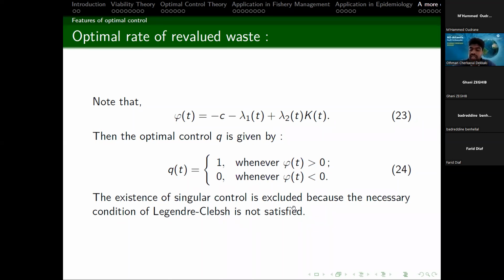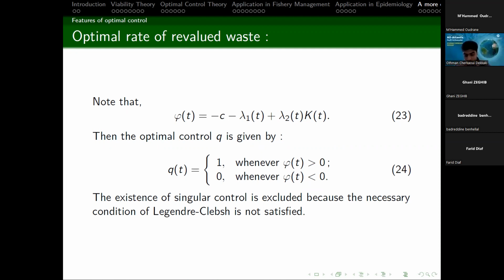And also here, something that I should state, the existence of a singular solution is excluded because of the necessary condition. A singular solution is what happens when phi t equals 0, because here you consider that phi t is strictly positive, or phi t is strictly negative. What happens when it's equal to 0 in between times, this is what we call a singular solution.